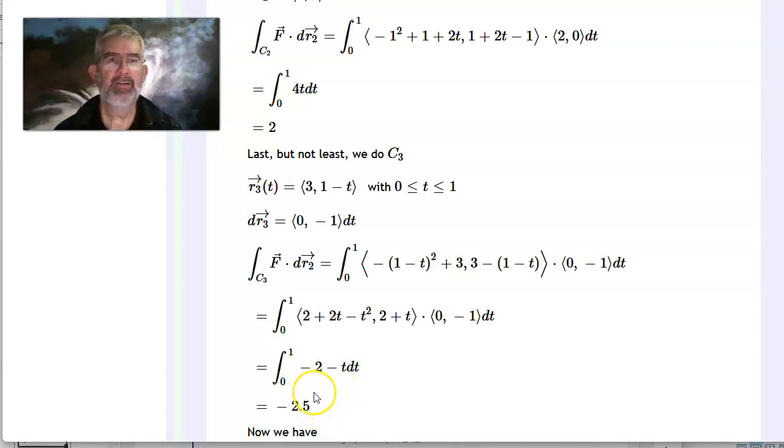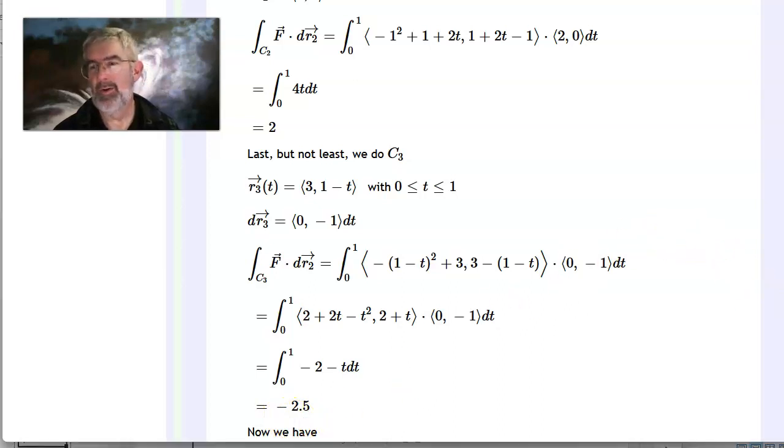And this I see as, again, just a straight line. So at 0, it's at minus 2, and t equals 1 is at minus 3. So I'm looking at the area of a trapezoid, side length 2, other side 3, width 1, and so that has area 2.5, but it's down underneath, and so I got negative 2.5.